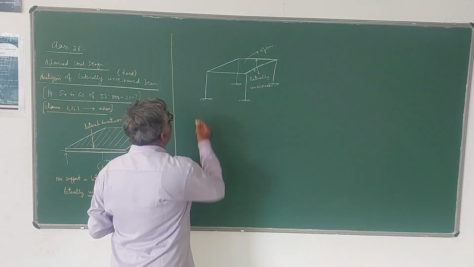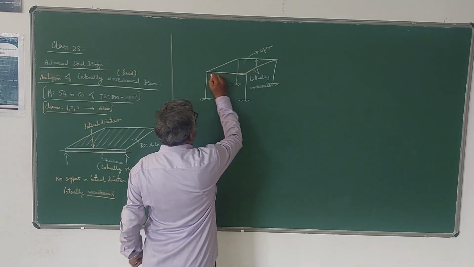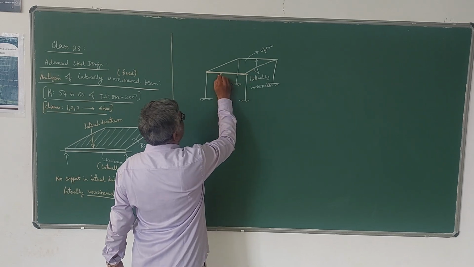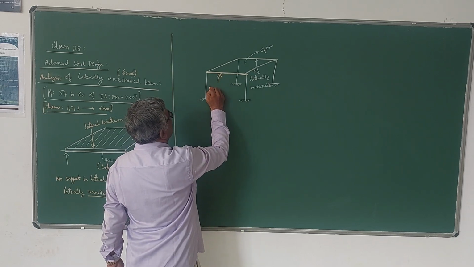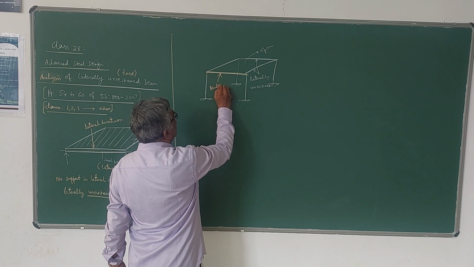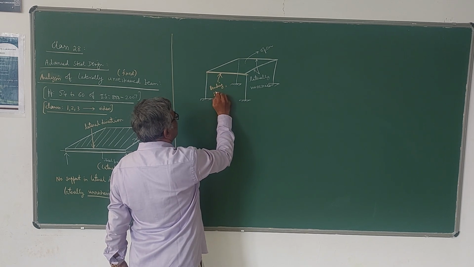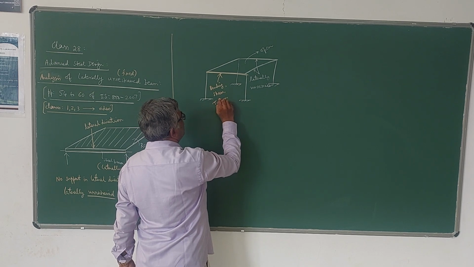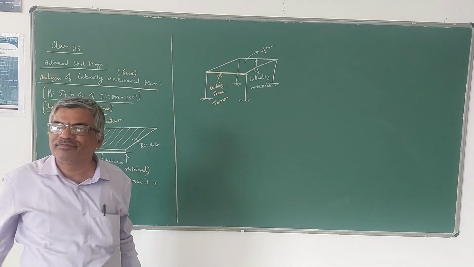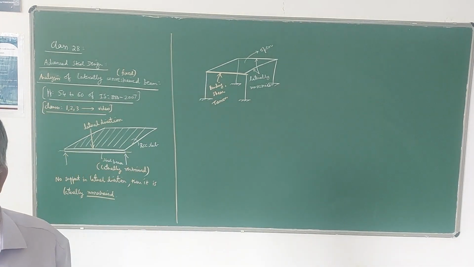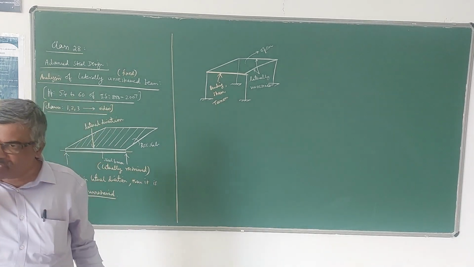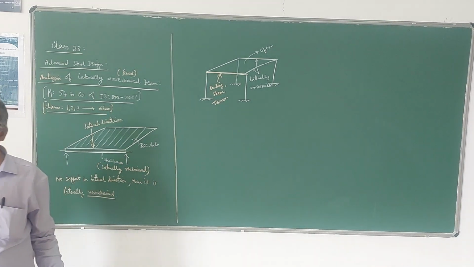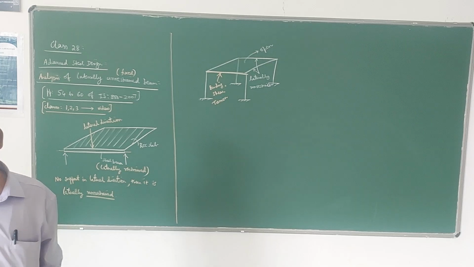These beams will be subjected to 3 things: bending, shear, torsion. Torsion effect will be there. That means in the case of laterally unrestrained beams, you will have torsion effect also.